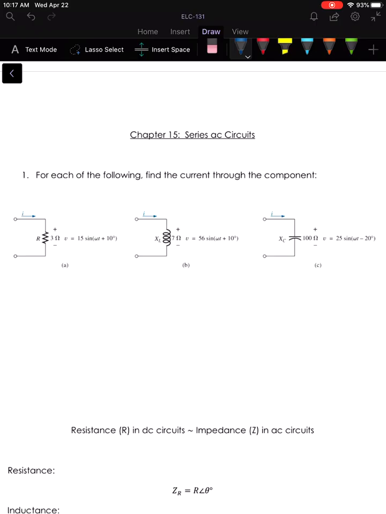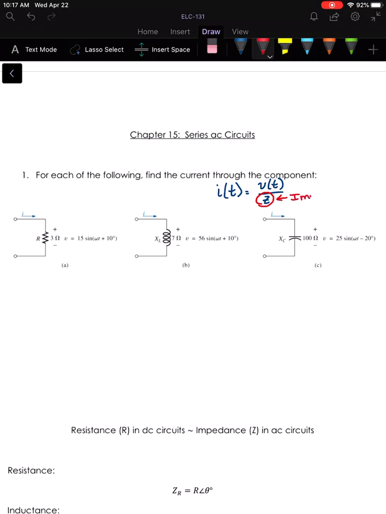So for any component, the current through the component is equal to the voltage drop across the component divided by whatever we're using to describe that component. Some kind of resistance or reactance in this case, and we're going to call that Z for now, because we're going to talk about something called impedance in just a minute.